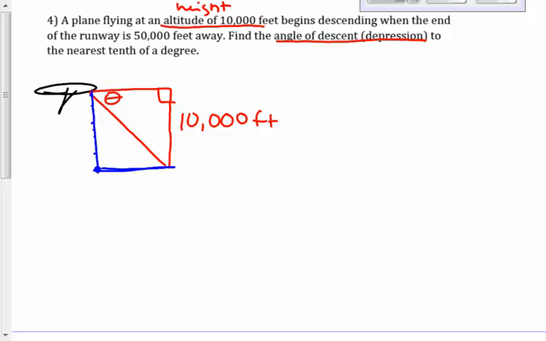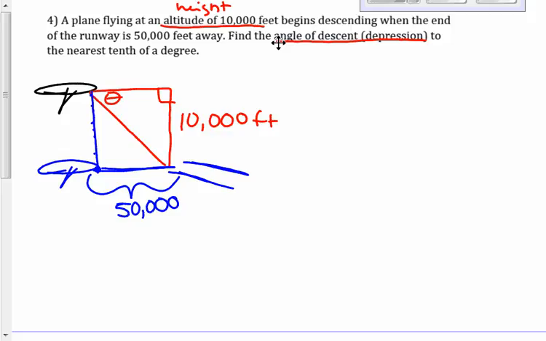So if that plane was on the ground, which we know the runway would be down here where it's trying to land at the end, we know the distance from the airplane to the runway is 50,000 feet. So this is kind of like a rectangle being set up here. Well, actually, it is a rectangle. So the top, or the horizontal, is still the same on both sides because it's congruent.